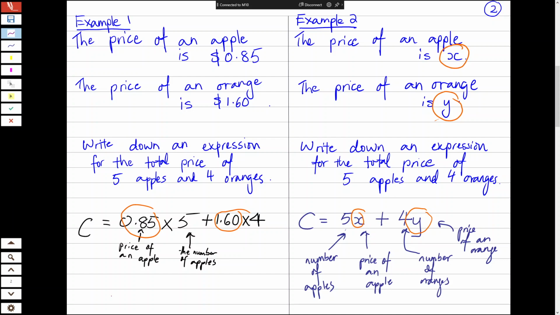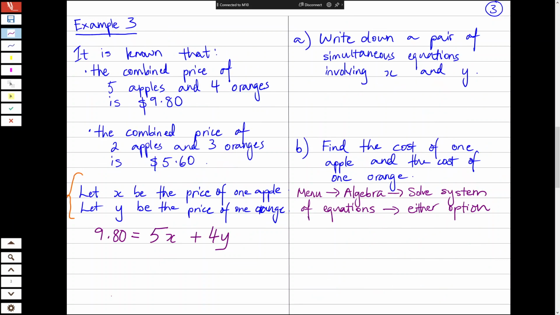But now I know that the combined price is $9.80. So now we can change the value of C there. Okay, so if I were to read this equation, I would say $9.80 is the combined price of 5 apples and 4 oranges.